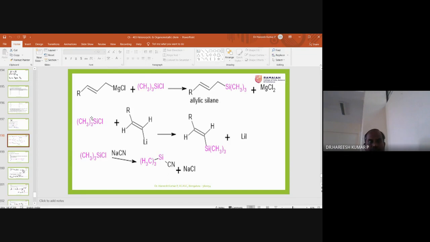So here I am taking one more trimethylsilyl chloride. This is a reactant. Of course, this is also a reactant. So what is the name of this compound? It's a vinyl group. This double bond group is called vinyl, or otherwise we can also say alkenyl. Alkenyl lithium.